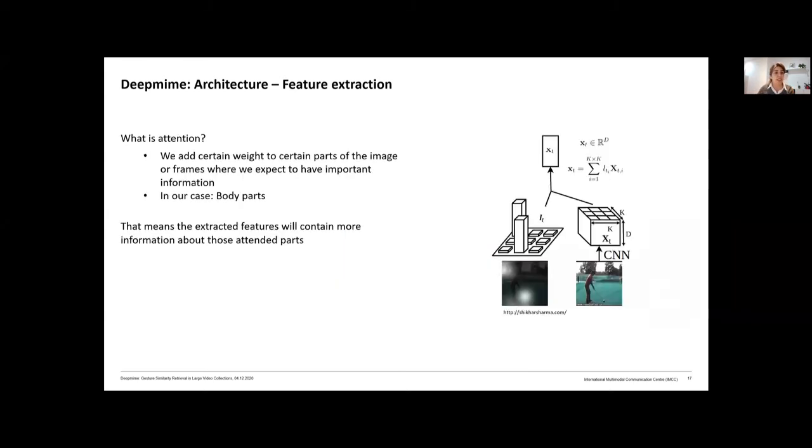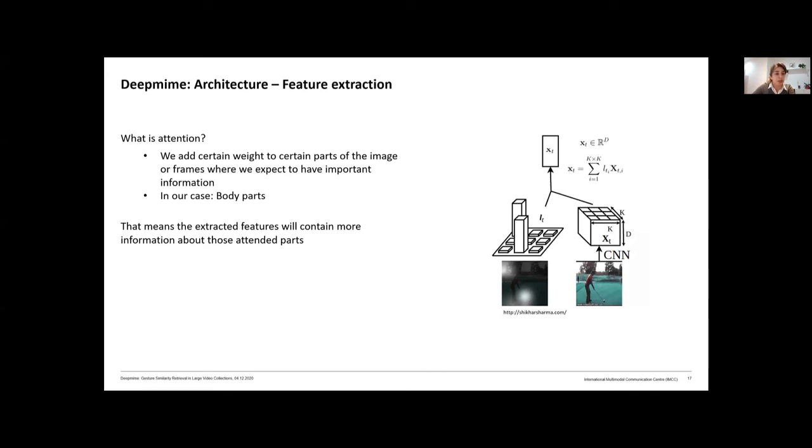The attention mechanism is a rather new concept in computer vision, which basically adds a weight to certain parts of the image that we think have more information to process. For example, in this picture, as you can see, the golf stick is given a bit more weight in the features, because it is important for the golf activity that the golf stick is there.